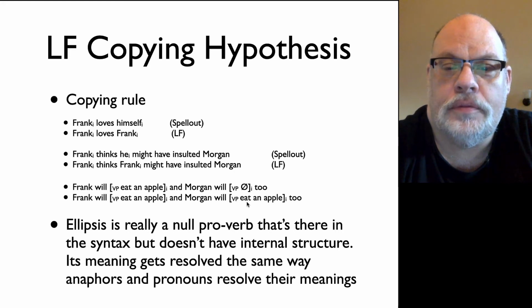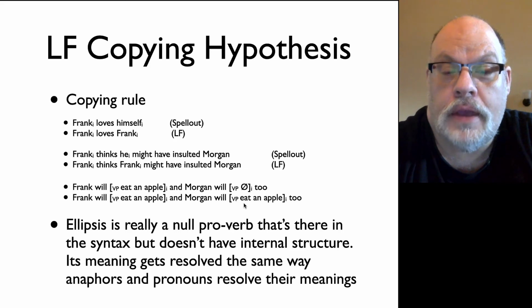So that's the interpretation we have. Our surface form has the null pronoun and our LF has the copied verb phrase. So ellipsis, under this hypothesis, is a null proverb that's there in the syntax without any structure. It's completely null, and its meaning gets resolved by copying, just the way pronouns and anaphors do.